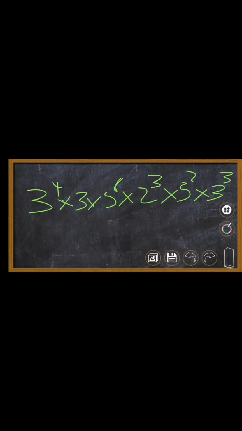We take a different color and we underline the same bases. So 3, 3, and we see the 3 at the end. So we write it down: 3 to the power of 4, plus our other 3, which has the power of 1, plus 1, plus our last term there has the power of 3. We get 3 to the power of 4 plus 1 is 5, 5 plus 3 is 8. So 3 to the power of 8. So we've gotten the 3.